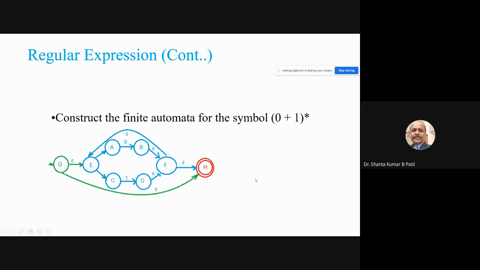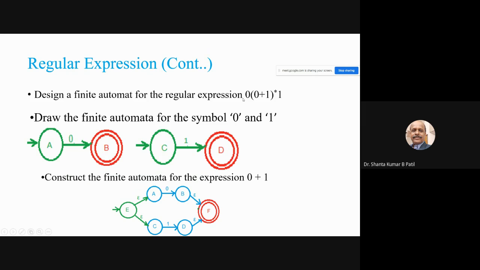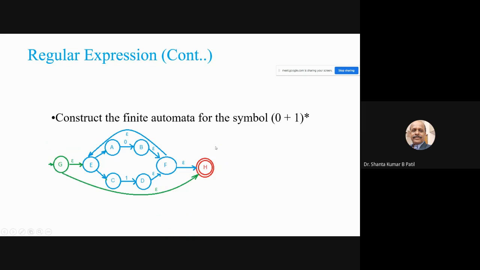Once you get the 0 plus 1 star, take the finite automata for the 0 and the finite automata for the 1. Join these two: 0 will come at this end and the 1 will come at this end.